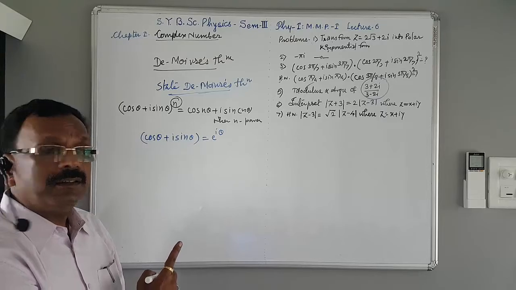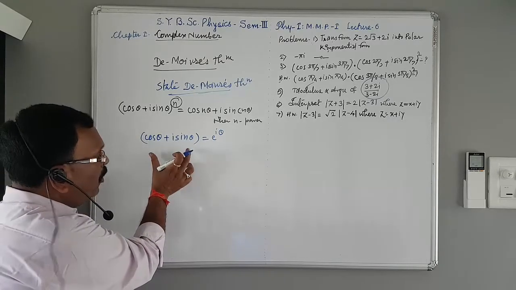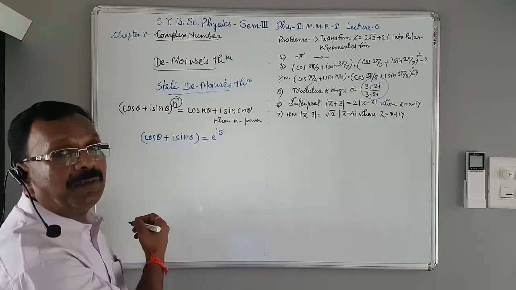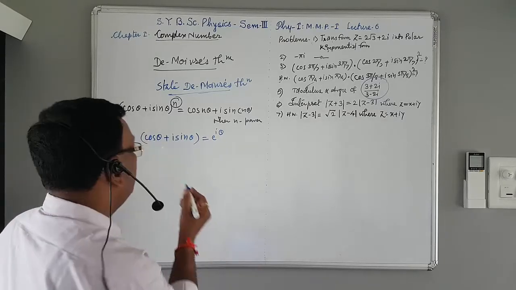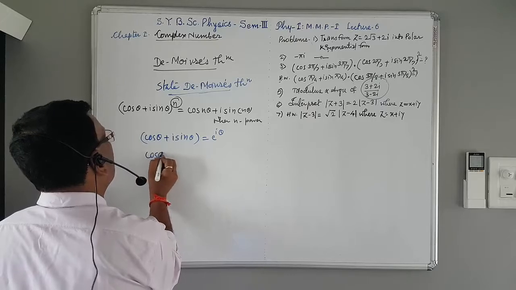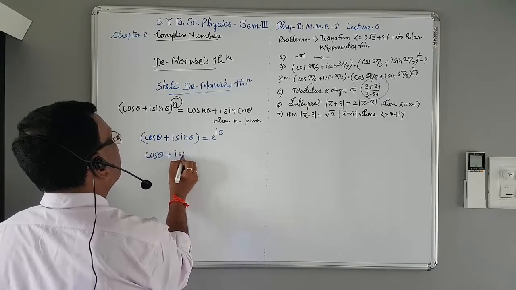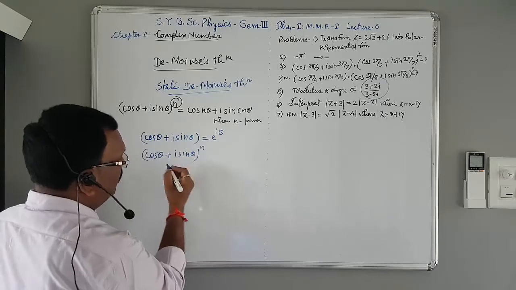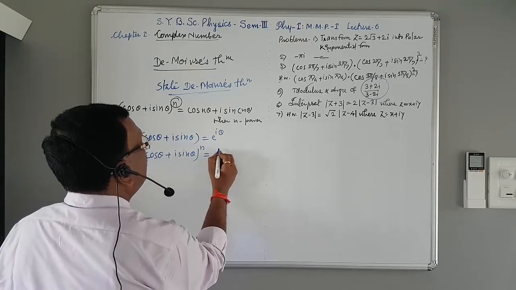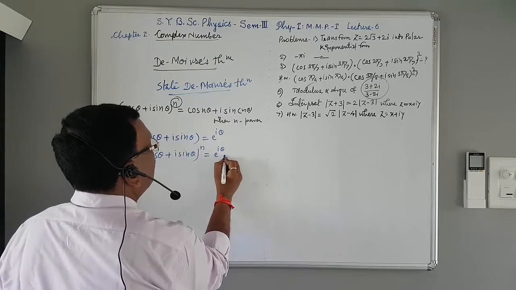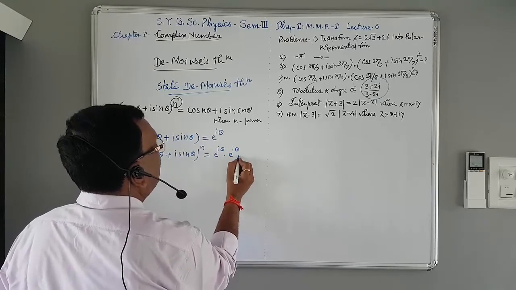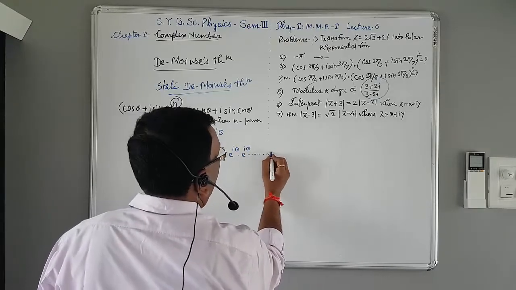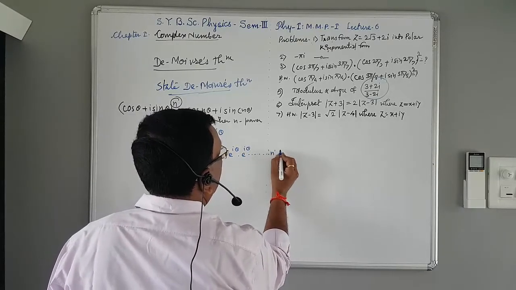Now, by taking the power on both sides, that is the power of the RHS and the LHS of Euler's formula, we have (cos theta plus i sin theta) to the power n is equal to e raised to i theta into e raised to i theta into e raised to i theta, like this, up to n times.